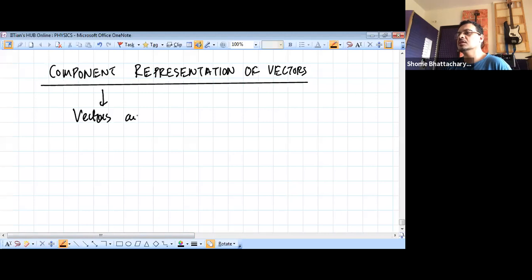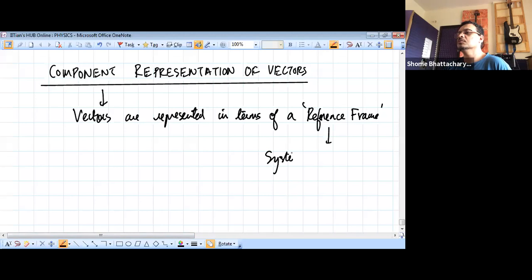So vectors are represented in terms of a reference frame. Our reference frame is nothing but it is a system of coordinate axis.